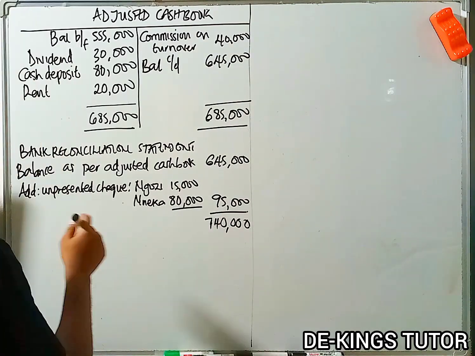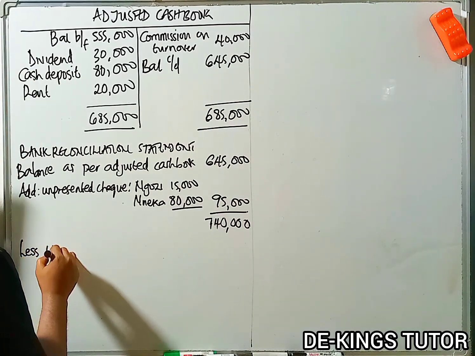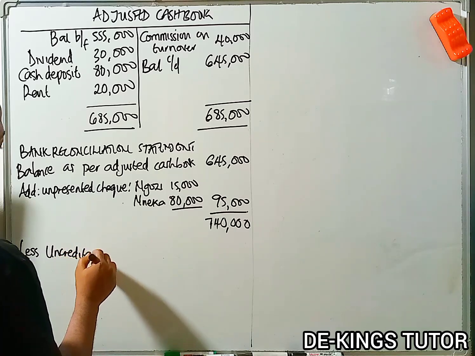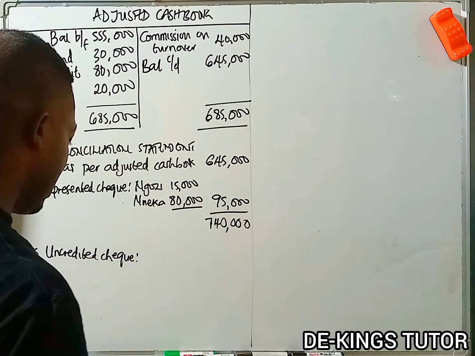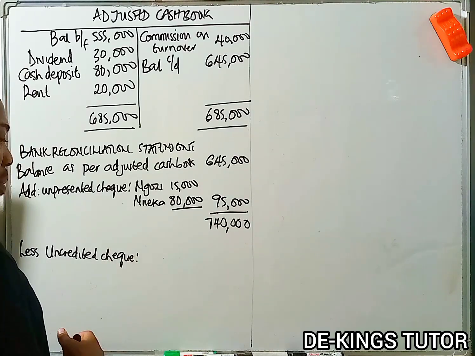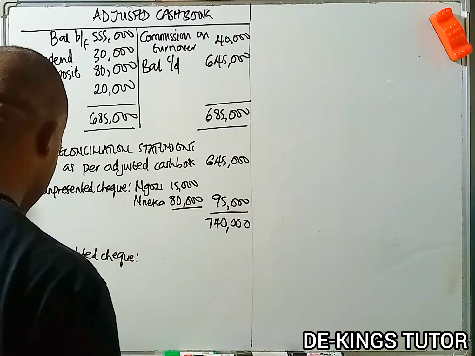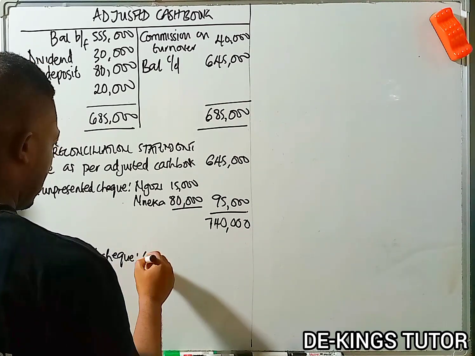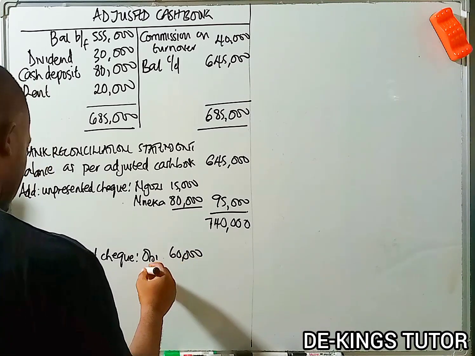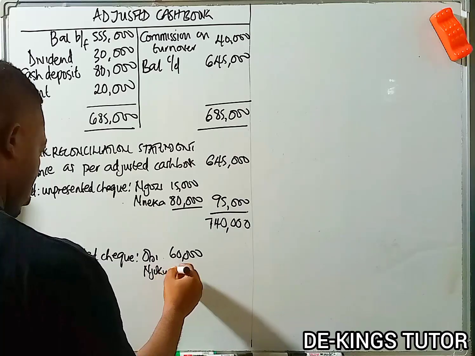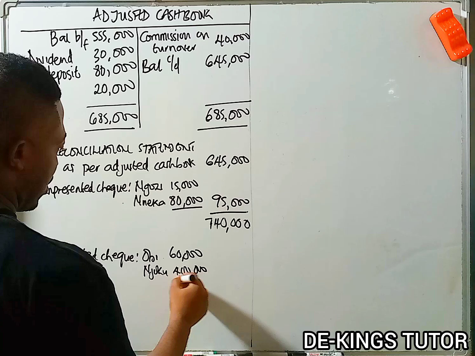Okay. So the next thing now is to less uncredited check. Uncredited checks are those checks that appear on the debit side of the cash book, but do not appear on the credit side of the bank statement. We have two, which are OB 60,000, and the next one is Njoku 400,000. So that's the only two.